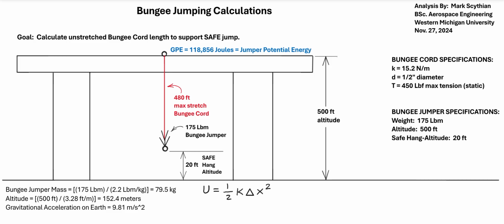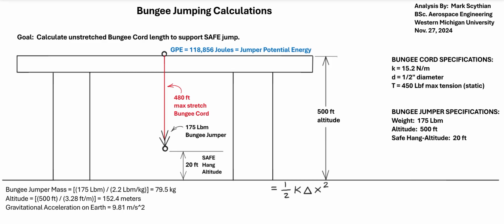So from the jumper's potential energy, some of it converted to kinetic energy, and then that initial value, 118,856 joules, then transferred into the bungee cord in the form of elastic potential energy rather than the gravitational or jumper's potential energy.